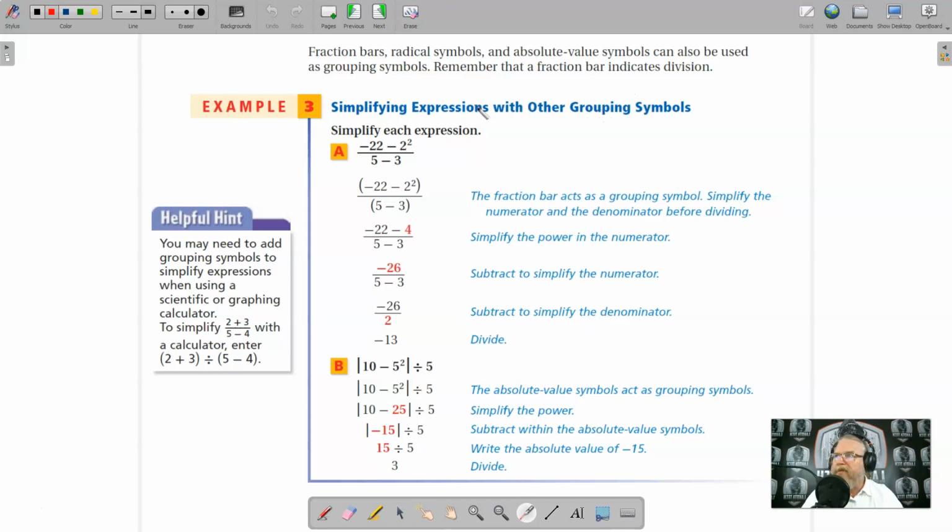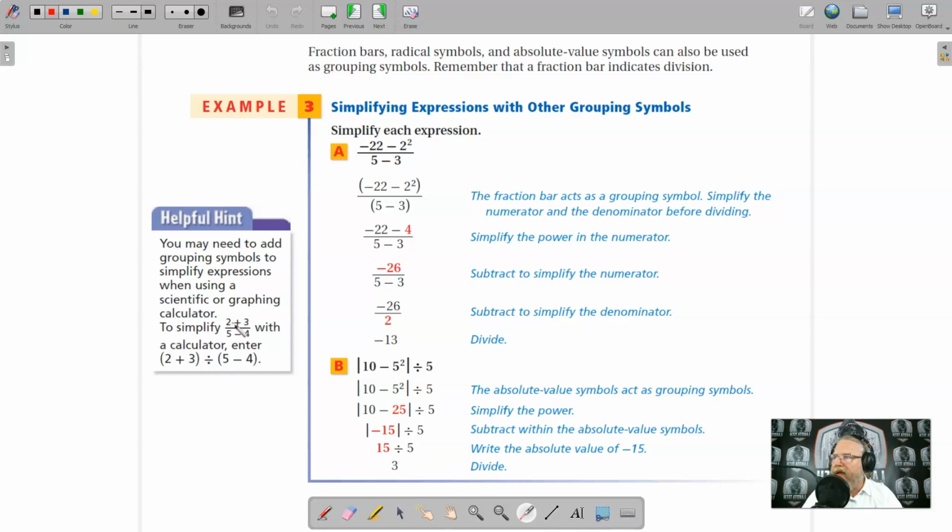So simplify expressions with other grouping symbols. It says here simplify each expression. And I'm looking over at the helpful hint. And yes, actually, I might pull up a calculator and do what they're saying here. So let's go ahead and look at this. You may need to add grouping symbols to simplify expressions when using a scientific or graphing calculator.